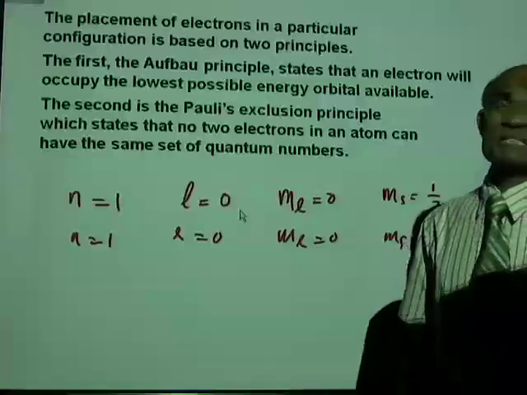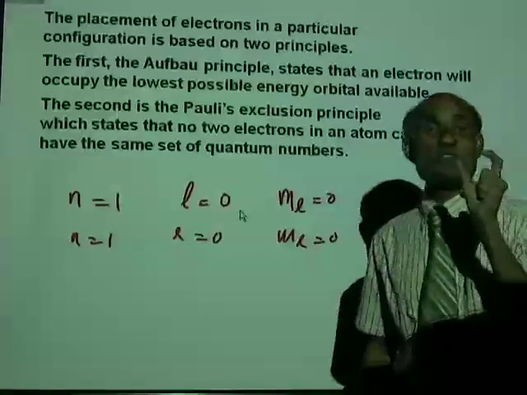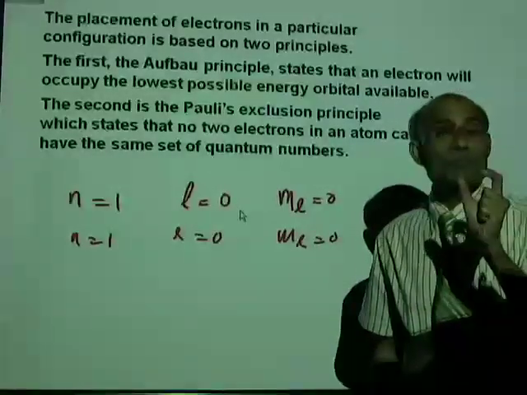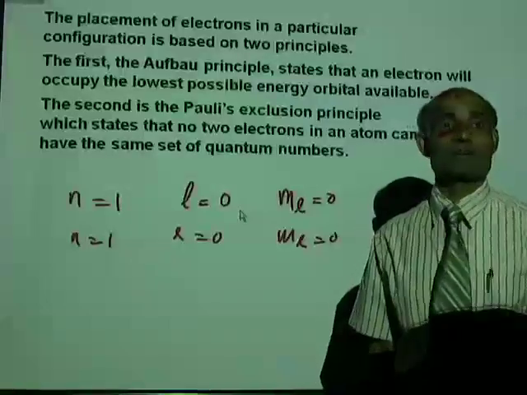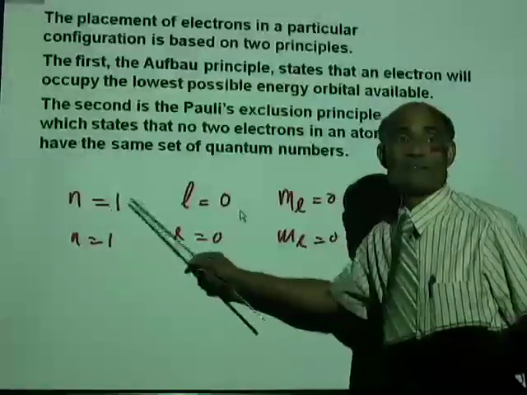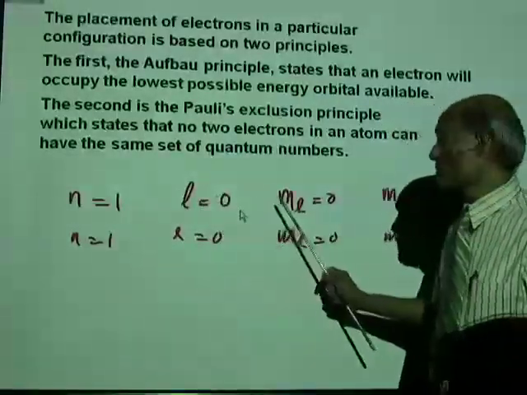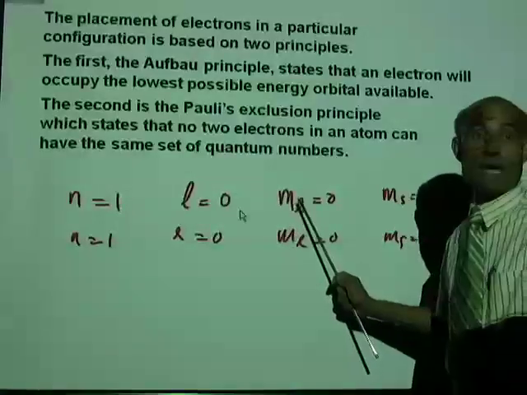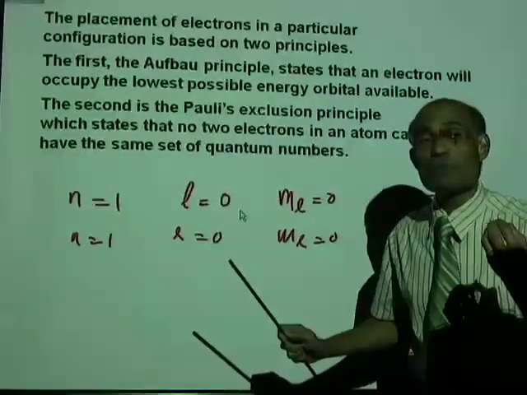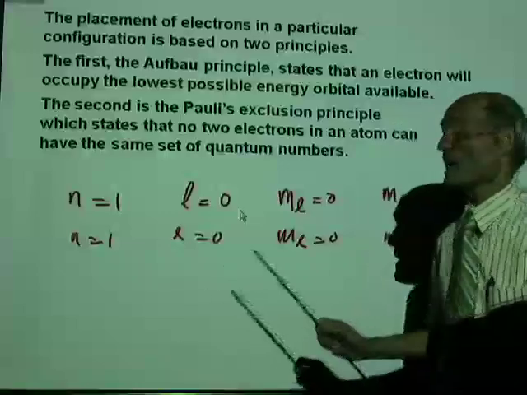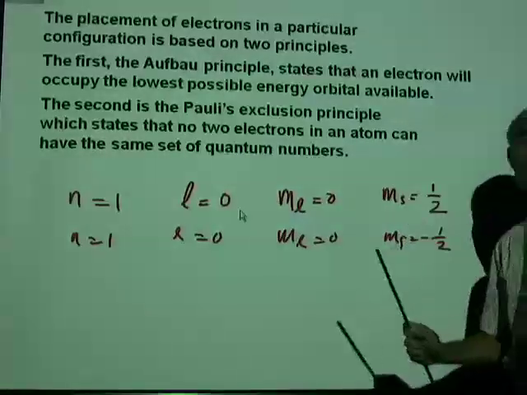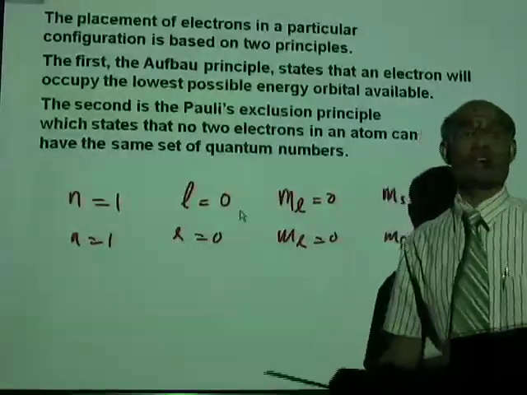For example, let's consider the first shell, n equal to 1, s subshell. N equal to 1, then L equal to 0. If L equal to 0, ML is also equal to 0 because ML ranges from plus L to minus L.